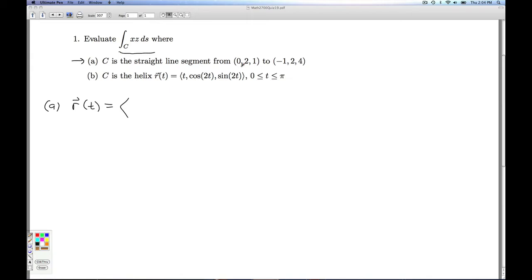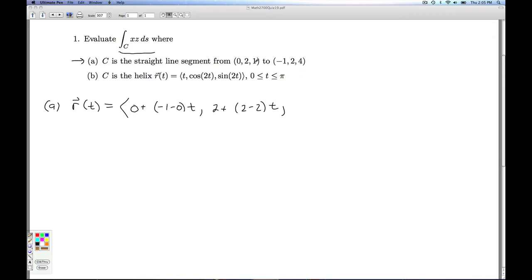And so how do we do that? Well, we're starting at x equals 0, we're ending up at x equals -1. So it's 0 plus (-1 minus 0)t. That's where you start, plus the displacement times t. Now for the y, it starts at 2, and it doesn't change at all.